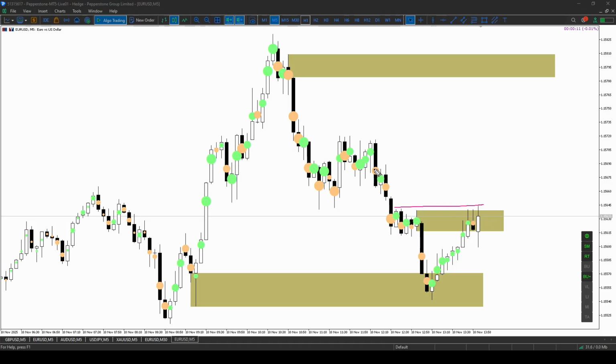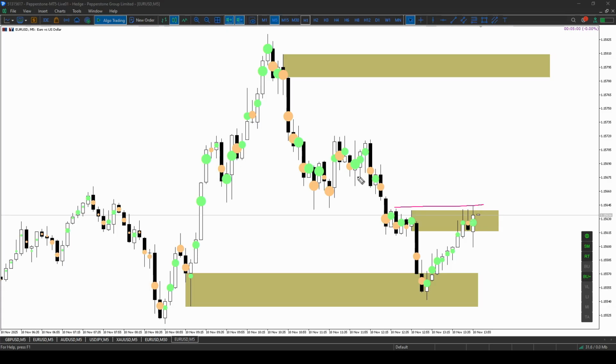That's not true, don't forget that. We are very small traders in the world. I am talking about retail traders around the world. We are a very small amount, so they are not going to hunt or hit our stop loss.